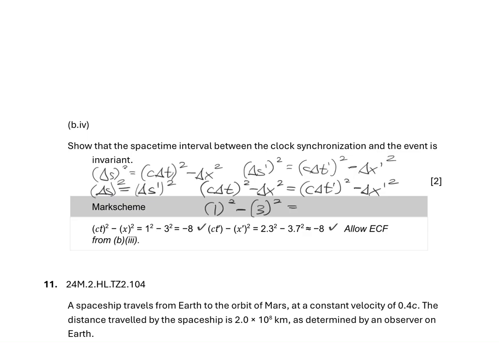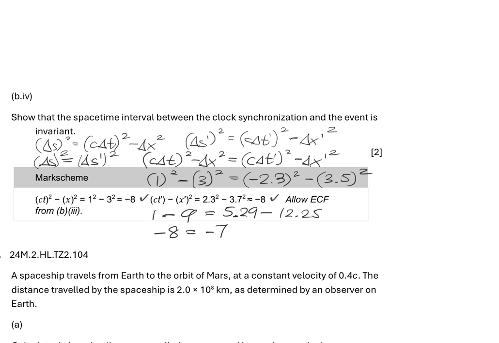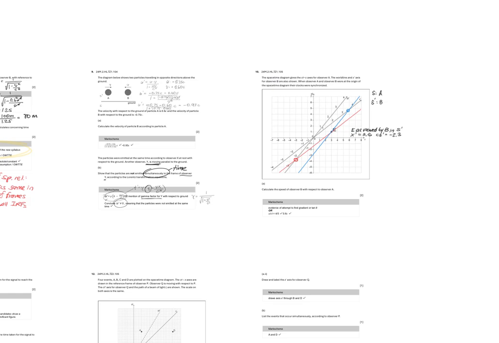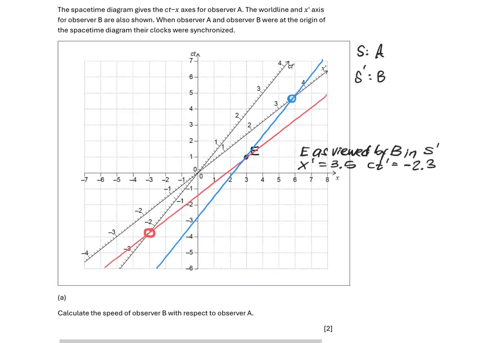Then we have the ct prime for B in S prime as negative 2.3, and the x prime is 3.5. So it's close, I saw that coming. It's negative 8 versus negative 7, but it's close because of how the lines intercepted on our Minkowski space diagram. Those were kind of ballparks.